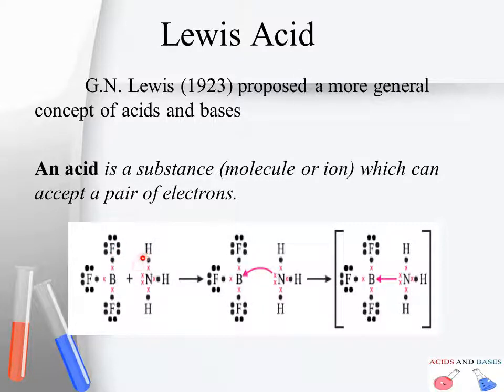As we know, nitrogen belongs to group number 15, so it has 5 electrons in its outermost shell. So here these 2 electrons are given to boron trifluoride, and boron trifluoride will accept this pair of electrons. So in this case boron trifluoride is acting as an acid.